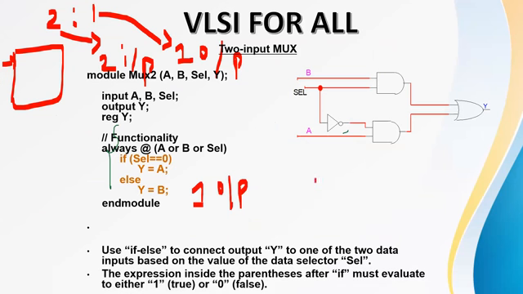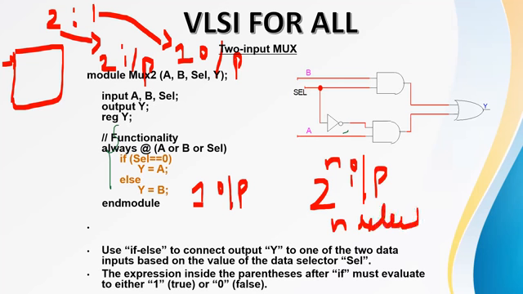We have 2 power n inputs, n select lines, and one output. What does this select line indicate? Here we are representing the select line.